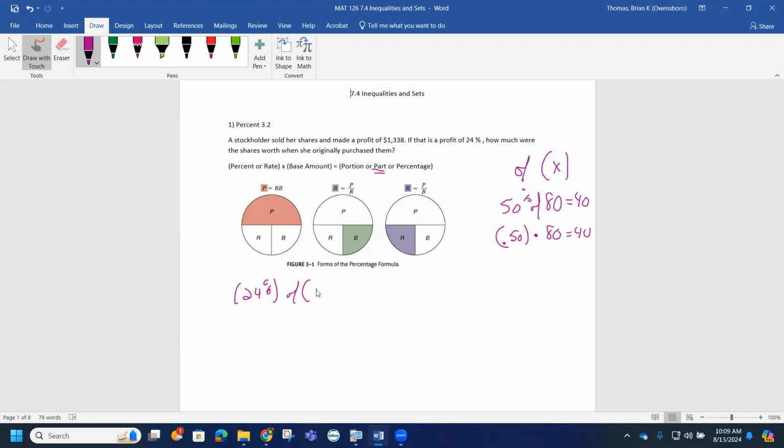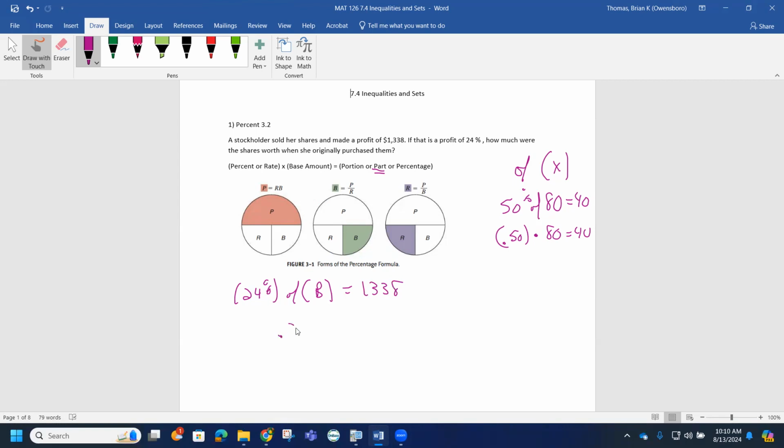A lot of times they'll use the letter B for the base amount. And when you do that, that's going to give us our portion, which in this case is our profit, the $1,338. So I can write this as an equation, but I have to change the percent to a decimal by moving the decimal 2 places to the left.